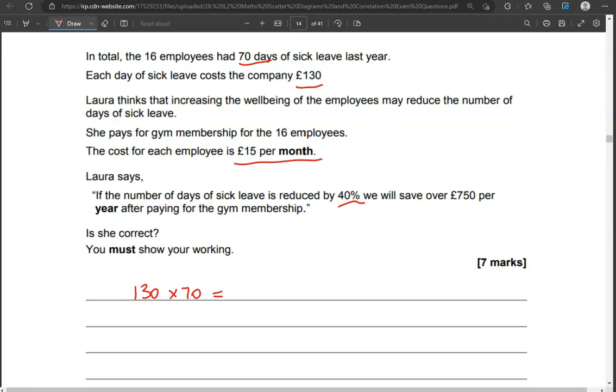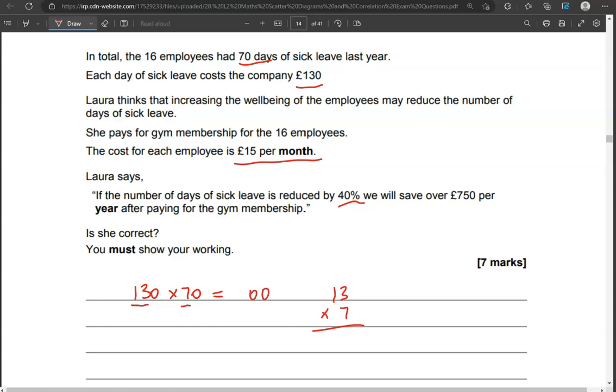Now, when you've got numbers like this ending in zeros, what you can do is multiply the non-zero numbers, I should say. So we'd have 13 times 7, and then add the 2 zeros after that.